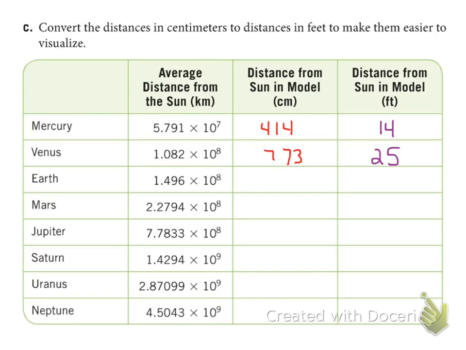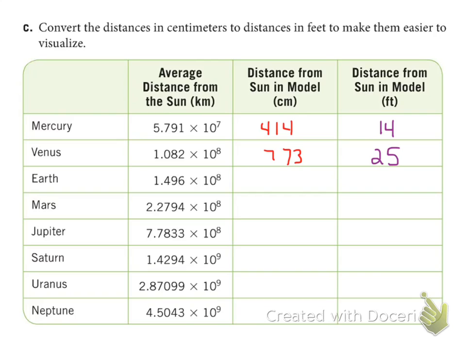Number 5, explain why all models that are built of the solar system are not built to scale. Why do you think it would not be built to scale? Because it's difficult to make something so big so small. Okay, yep. The solar system is just huge. In this case, they're starting with a ball that has a 10 centimeter diameter, and that's the sun.